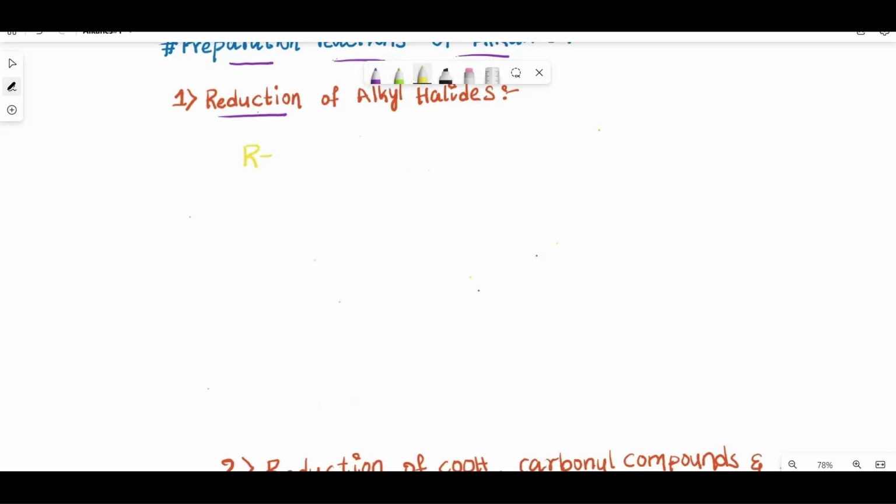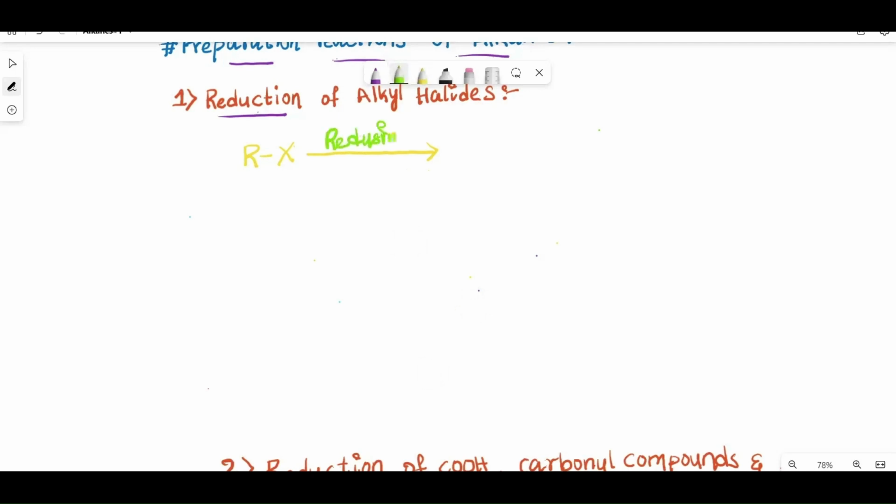If we have this RX alkyl halide, here in this method we will use a reducing agent for reducing this one. Reducing agent.